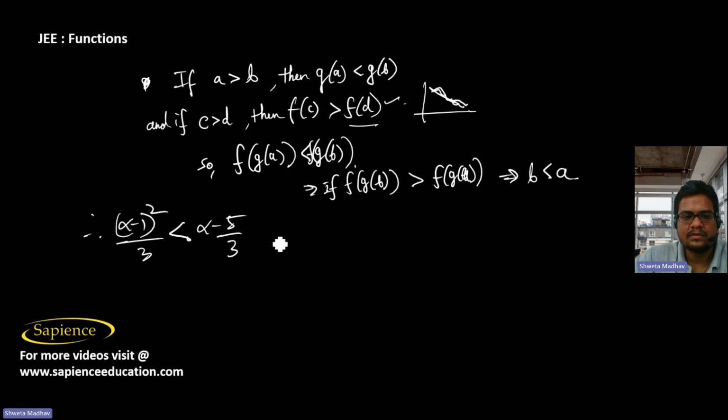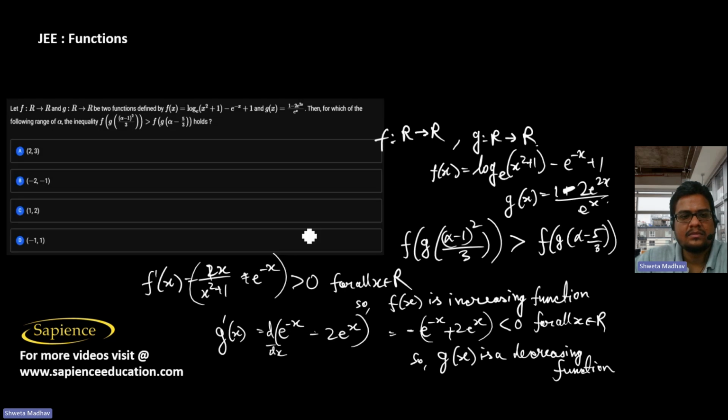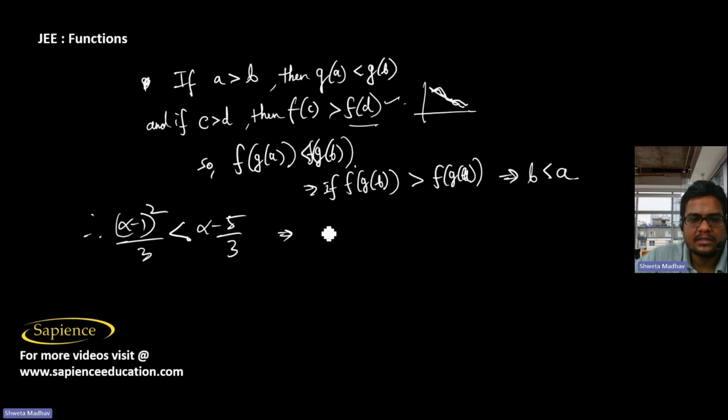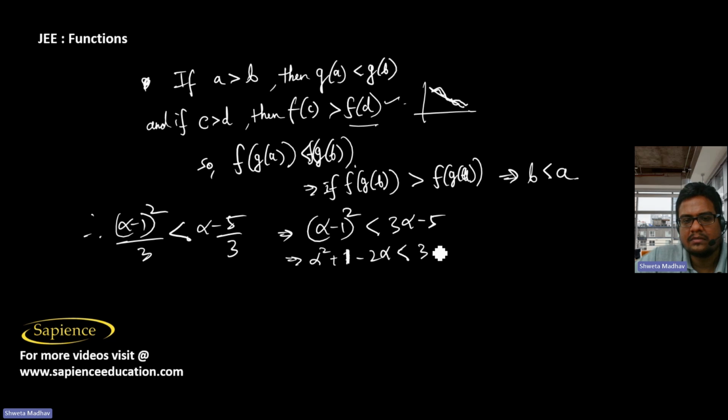Then you have to find the range of alpha. So we can take 3 as LCM and cancel. So this will be alpha minus 1 whole square is less than 3 alpha minus 5. Then alpha square plus 1 minus 2 alpha is less than 3 alpha minus 5.